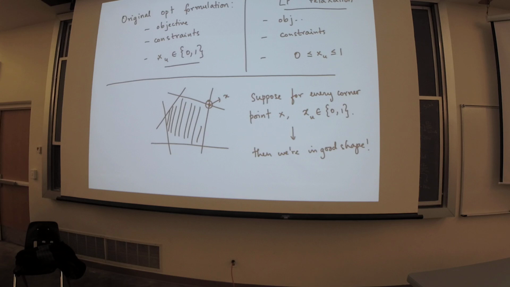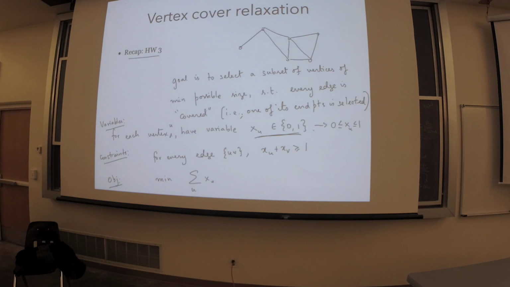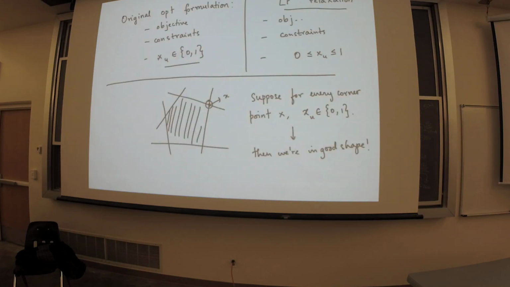So this turns out to be true for some problems, but it's not true all the time. Can you see why this may not be true for vertex cover? Or actually, even if it were true, why this is not obvious? To answer this, you have to think about what is a corner point.